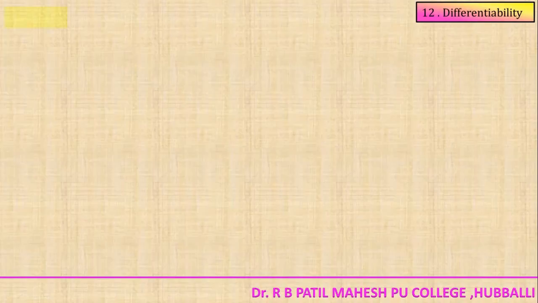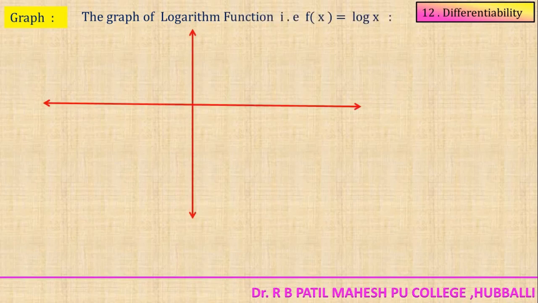Now see the graph of the logarithm function, that is, log x to the base e. So consider a coordinate axis. Then, as I said, (1, 0) lies on the positive x-axis. Remember, the curve always passes through this point, for any base, and we will get the curve in this shape.